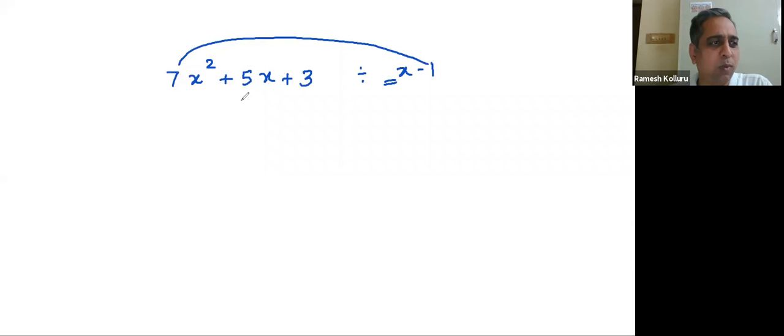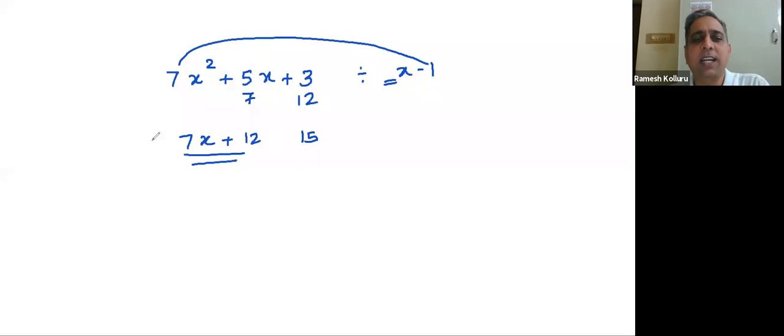So 7 plus 5 is 12, right? So 7x plus, you write 7 into 1 is 7, 12. So 12 into 1 is 12. You are writing again 12 here. So 3 plus 12 is 15. So 7x plus 12 is your quotient and 15 is your remainder.